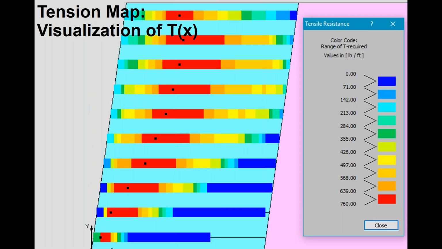Here's an example of a tension map. What you might see here is the same kind of color-coded map, but as opposed to looking at failure surfaces as we saw in the safety map, we're looking at the reinforcement loads required to give those failure surfaces a safety factor of 1, every one of them. So we have a color-coded scheme that represents the tension in each increment, in each piece of the reinforcement.